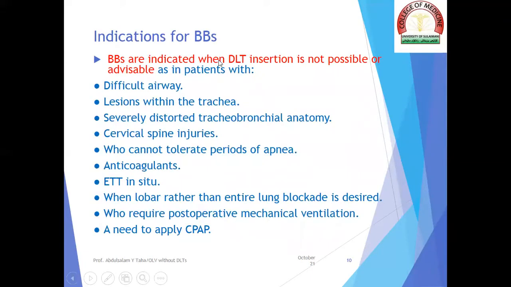Bronchial blockers are indicated when double lumen tube insertion is not possible or advisable, as in patients with difficult airway, lesions within the trachea, severely distorted tracheobronchial anatomy, cervical spine injuries, patients who cannot tolerate periods of apnea, patients on anticoagulants, and patients who have an endotracheal tube in situ, and when lobar rather than entire lung blockade is desired, and in patients who require post-operative mechanical ventilation, and when there is a need to apply CPAP.